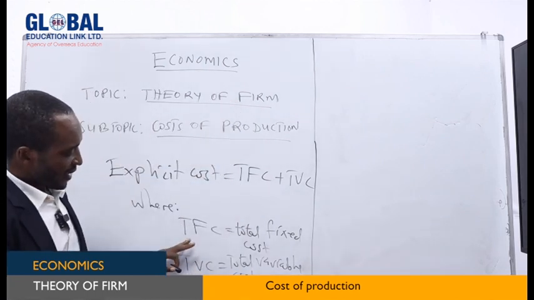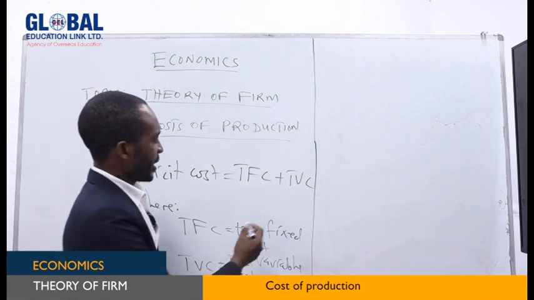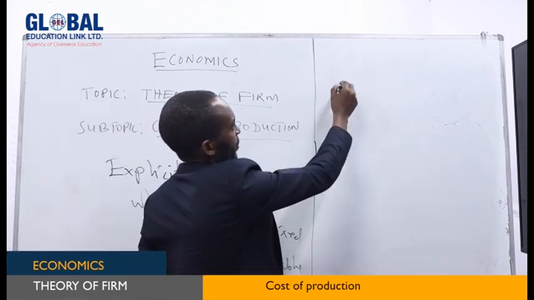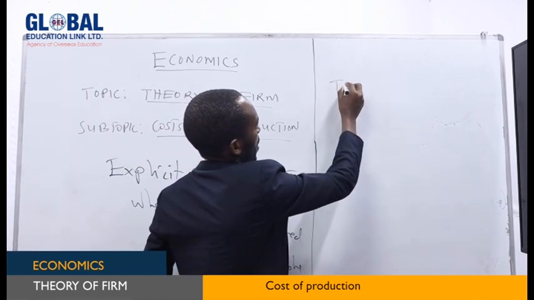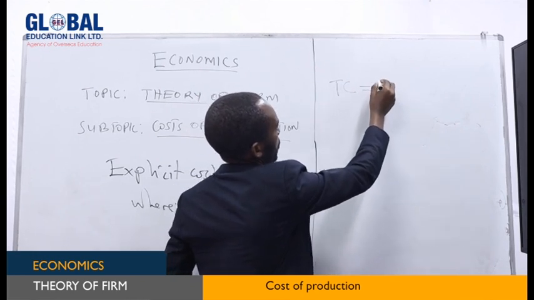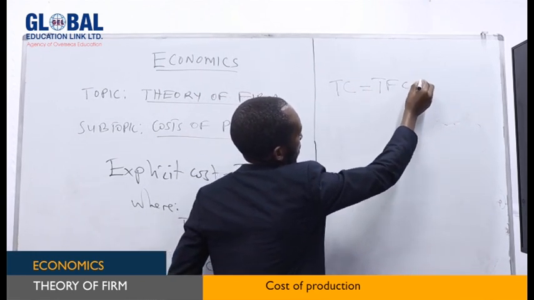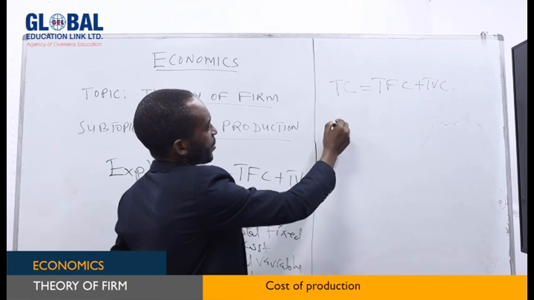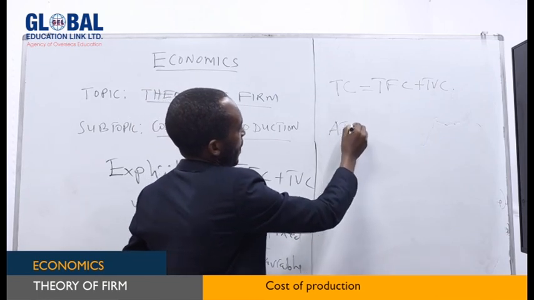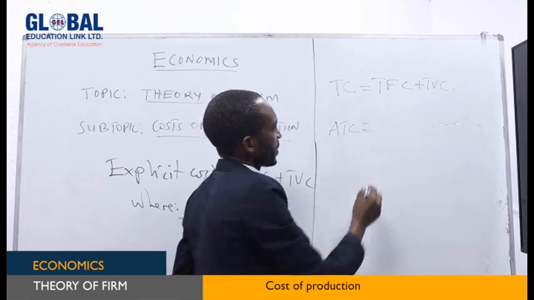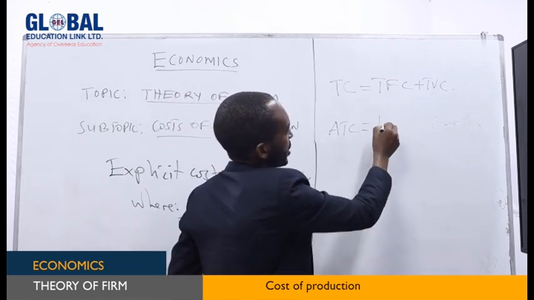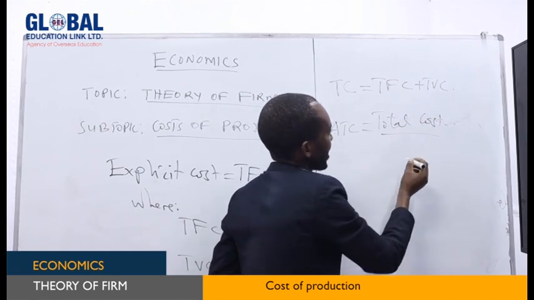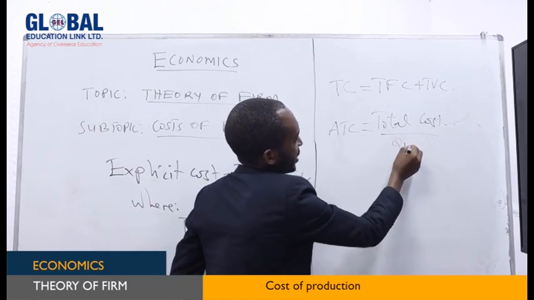So when you use these two costs, total fixed cost and total variable cost, when we sum, we get total cost, which is equal to total fixed cost plus total variable cost. Now, average total cost will be obtained by taking the total cost divided by quantity.